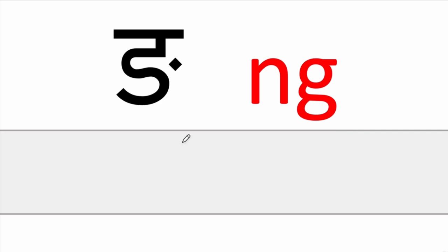Now let's learn how to write this. Let's see one more time. So this is how we write nga.